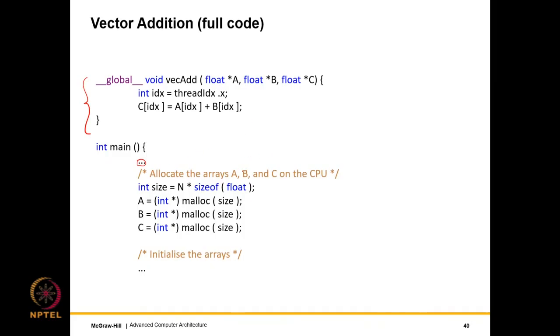Let us first initialize the arrays A, B, and C on the CPU. These are floating point arrays with n entries. We just use three malloc calls and then we initialize them and we have three arrays A, B, and C. Mind you, they are in the CPU's memory space.